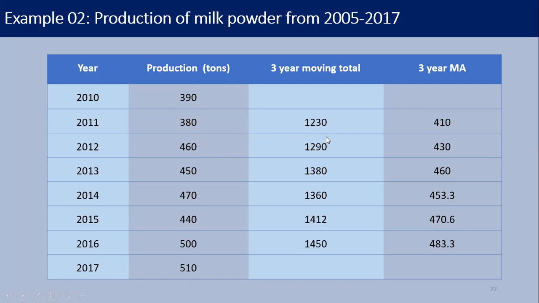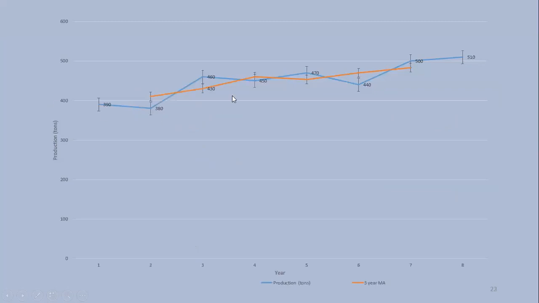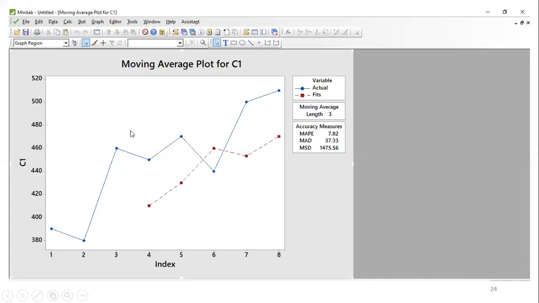Then divided by 3, the moving average for these 3 years is around 410. Likewise, you can calculate the rest. In this diagram, you can see the moving average for these years. I will explain how to do it using Minitab. This is the graph.